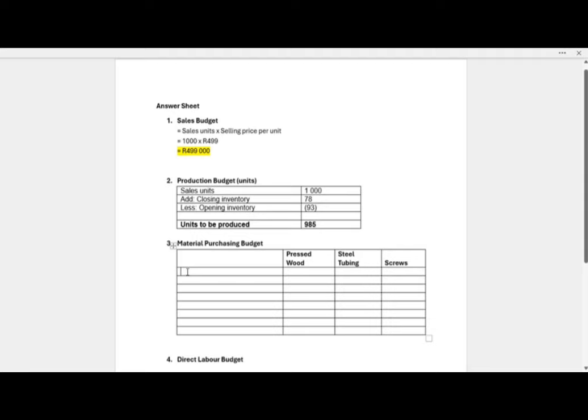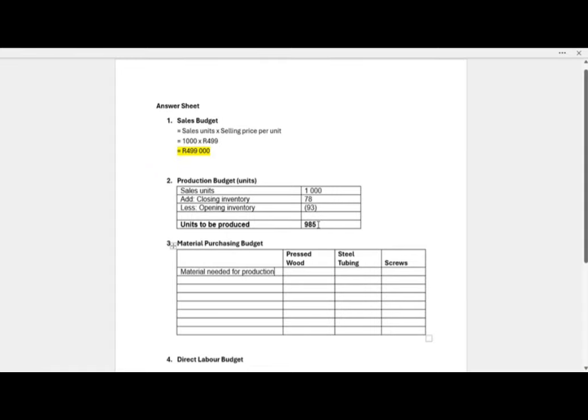So we're going to say material needed for production. It means how many woods are needed to produce that desk, how many steel tubing to produce those desks, how many screws are needed to produce all these 985 desks.